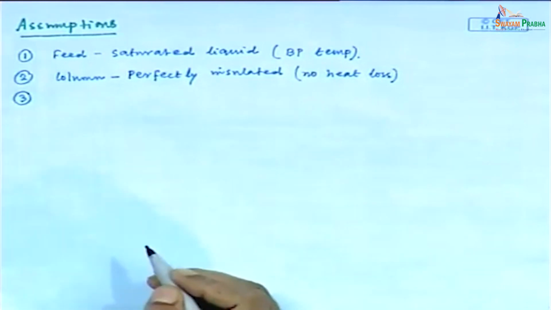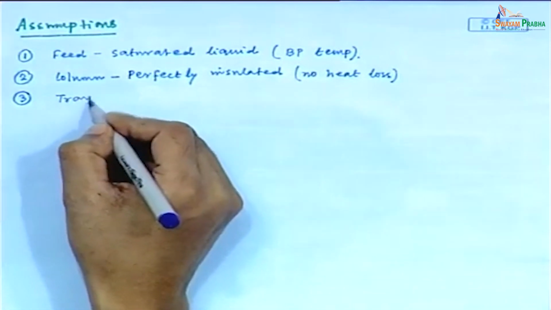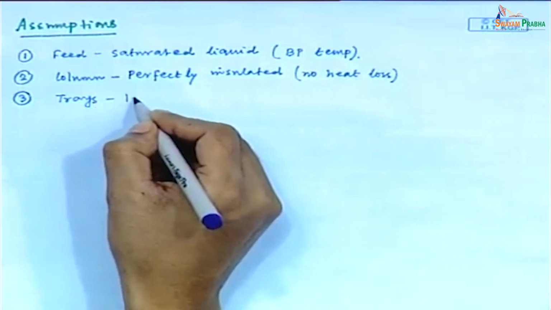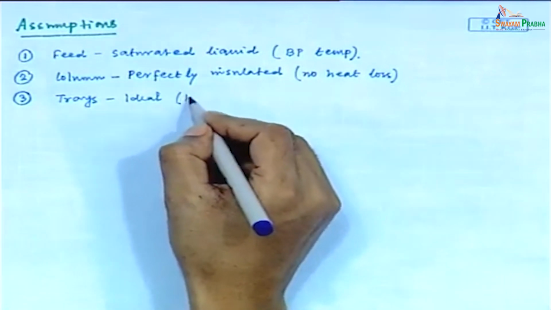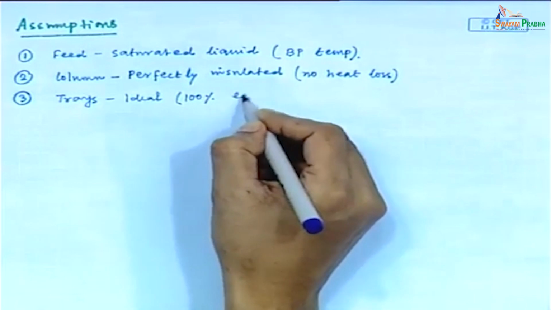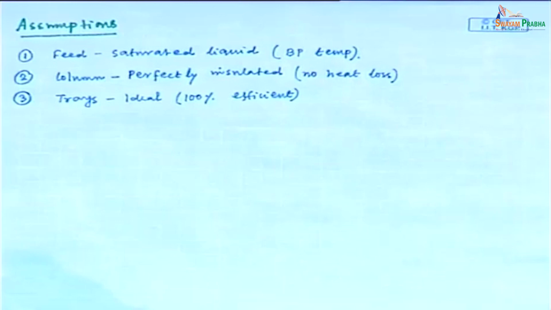Third assumption is all the trays are ideal. That means the trays are 100% efficient, or we can say tray efficiency is 100%. So, in this column we are considering ideal trays, 100% efficient trays.